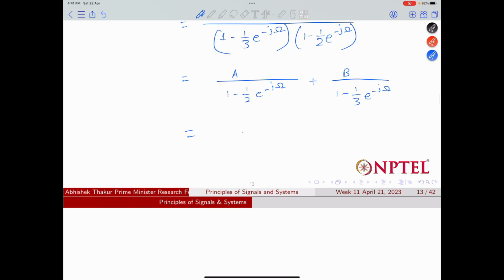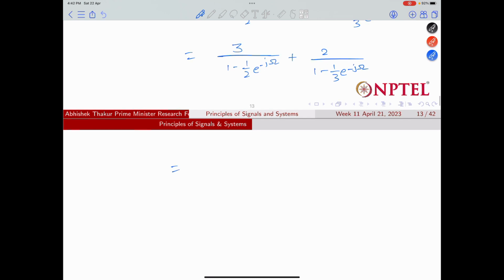So here you will get 3 by 1 minus 1/2 e to the power of minus j omega plus 2 by 1 minus 1/3 e to the power of minus j omega.